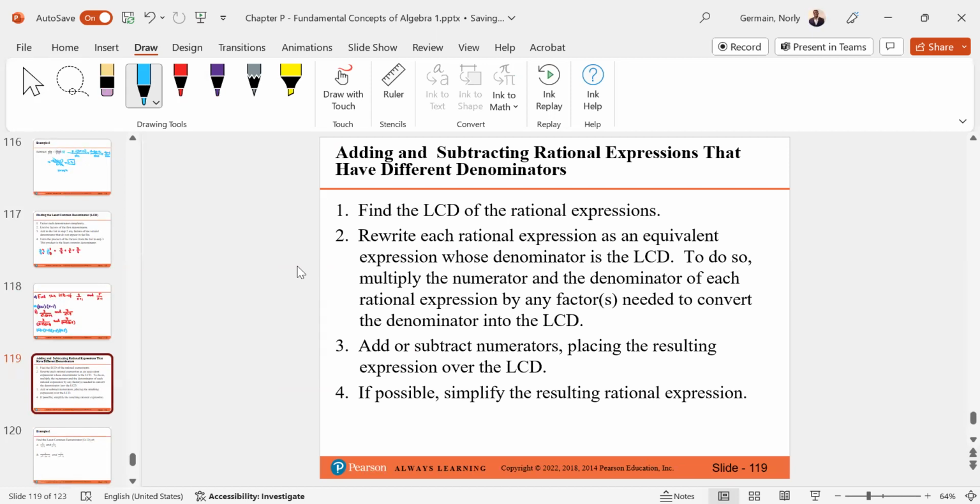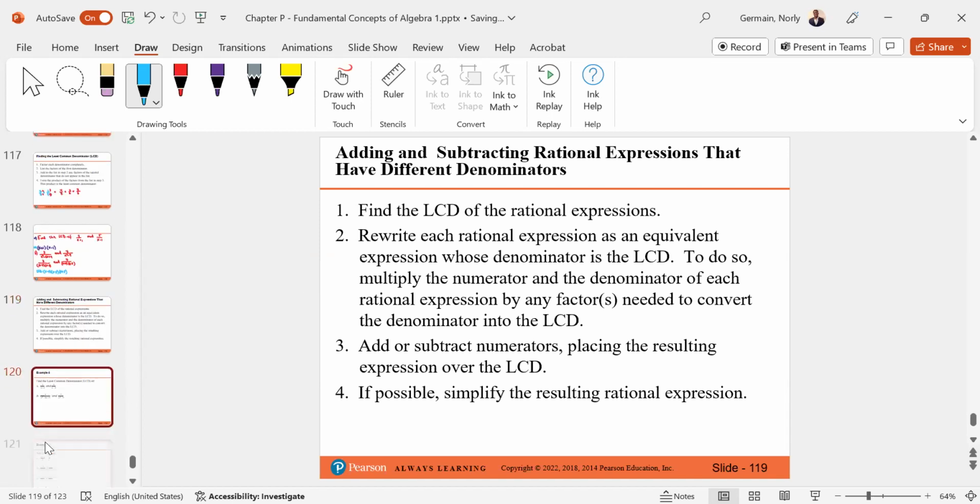To do so, you multiply the numerator and the denominator of each rational expression by any factors needed to convert the denominator into the LCD, the least common denominator. Add or subtract numerators, placing the resulting expression over the LCD, and if possible, simplify the resulting rational expression. So these are the 4 steps you need to follow.